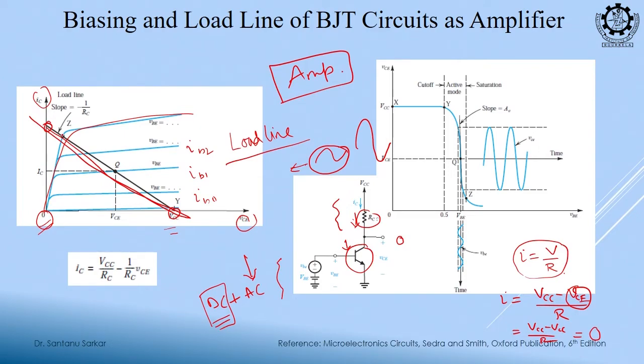Now, where will this same current flow through this, right? Whatever current is flowing through the resistance, that should also flow through which terminal? Collector terminal. There is no other path, right? Whatever current is coming from the resistance, that should go through the BJT.